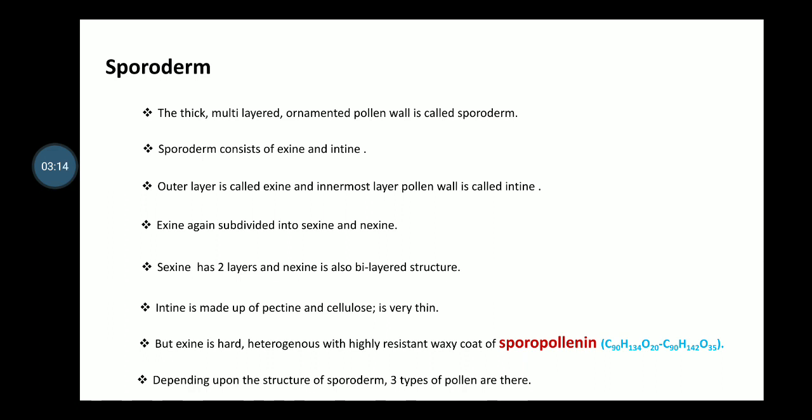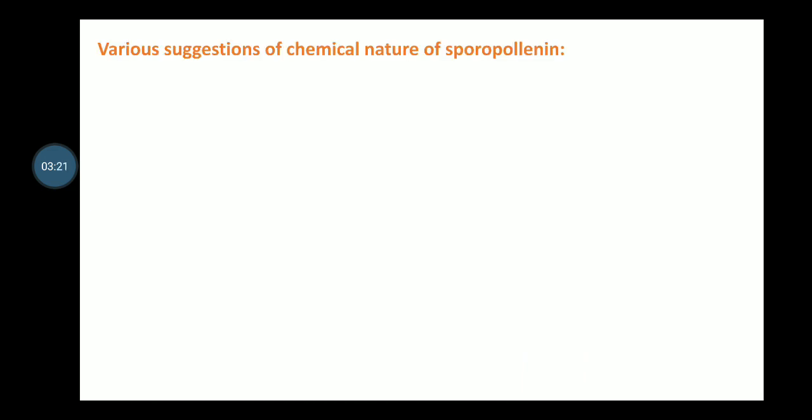Depending upon the structure of sporoderm, there are three types of pollen grains. Before going to the types of pollen grain according to the structure of sporoderm, we have to know the structure or chemical nature of sporopollenin. There are various controversial views of scientists regarding the structure of sporopollenin.